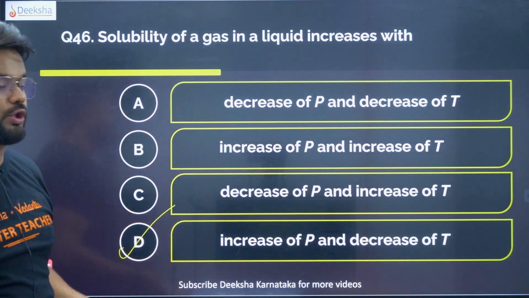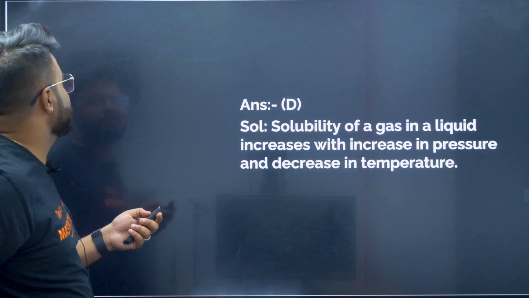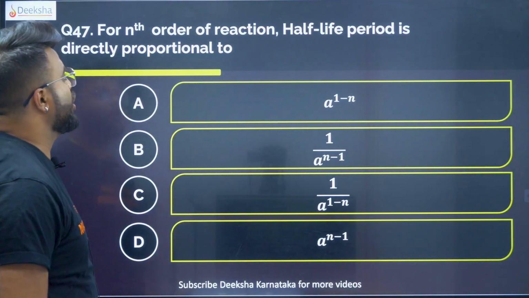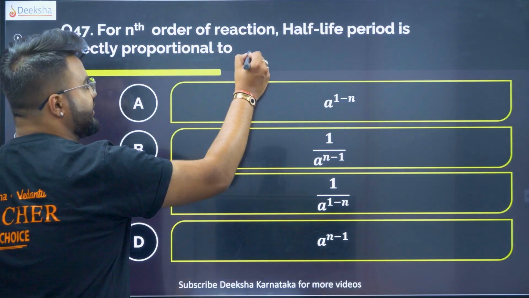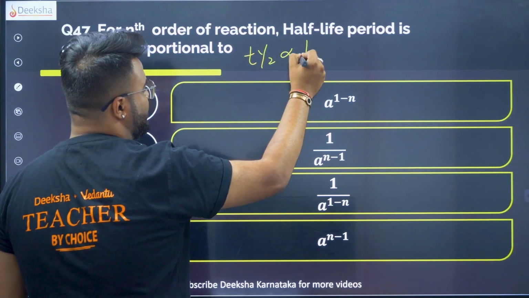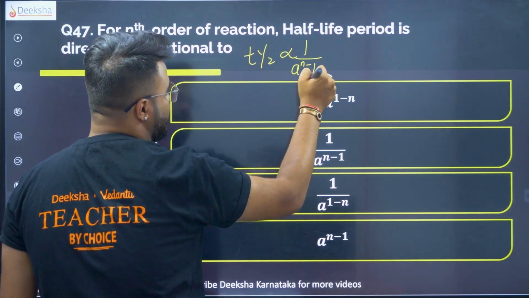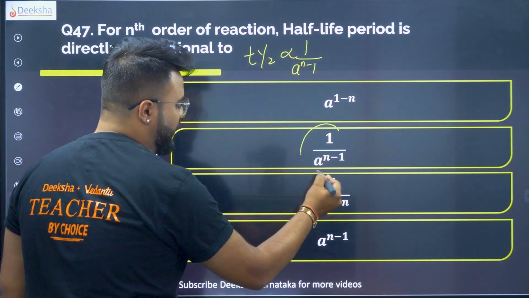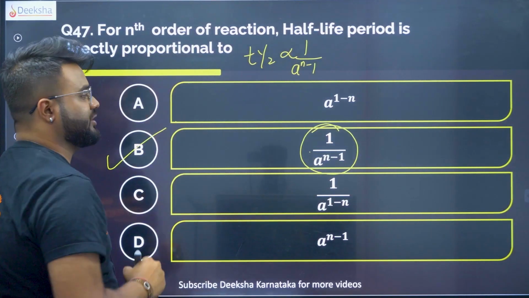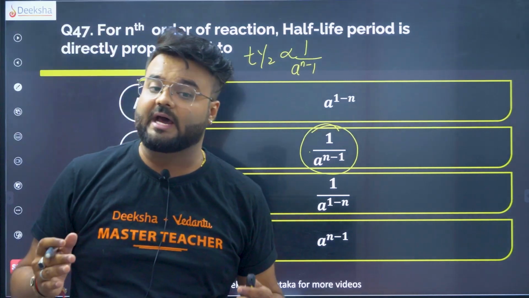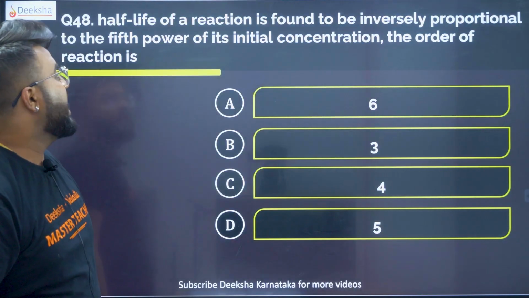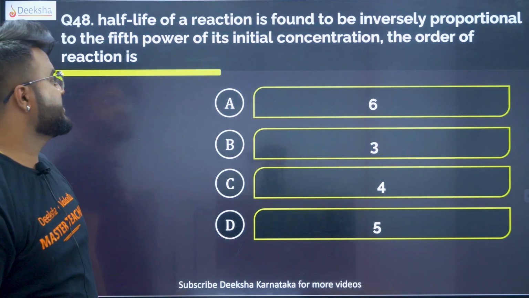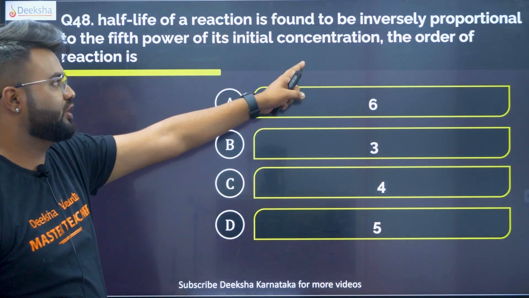Now coming back to the next question. The nth order for the reaction of half-life period directly proportional. Therefore, T half is directly proportional to 1 divided by a to the power of n minus 1. Therefore, option B will be your correct answer. Direct question they have asked. Now coming back to half-life of the reaction found to be inversely proportional to the fifth power of the initial concentration.